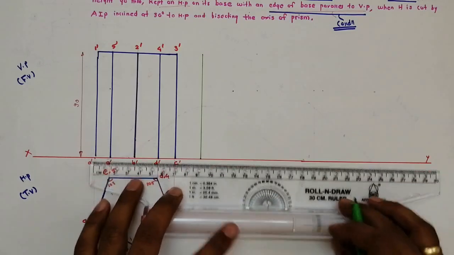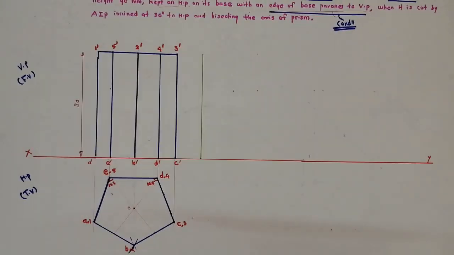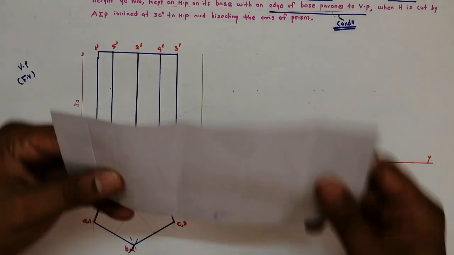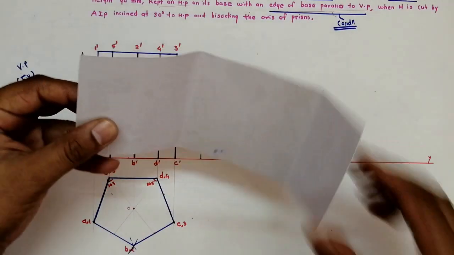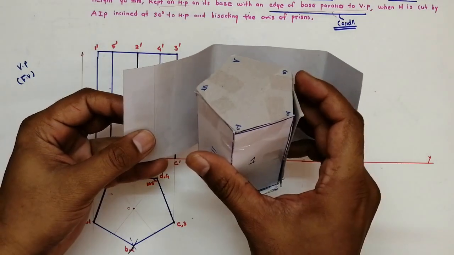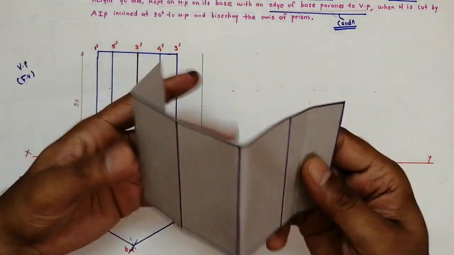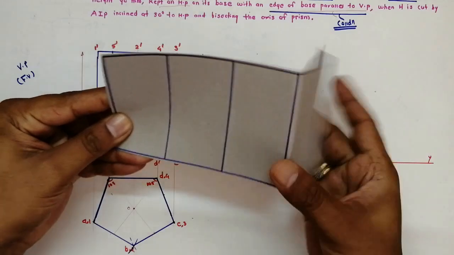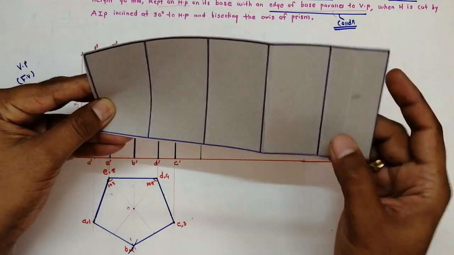Now what is the length of this development? In the cylinder we took it equal to pi d, but for a pentagon how much is it? If we wrap the paper around this pentagonal prism and then open it, how much length of development will we get? We'll get 5 rectangles.